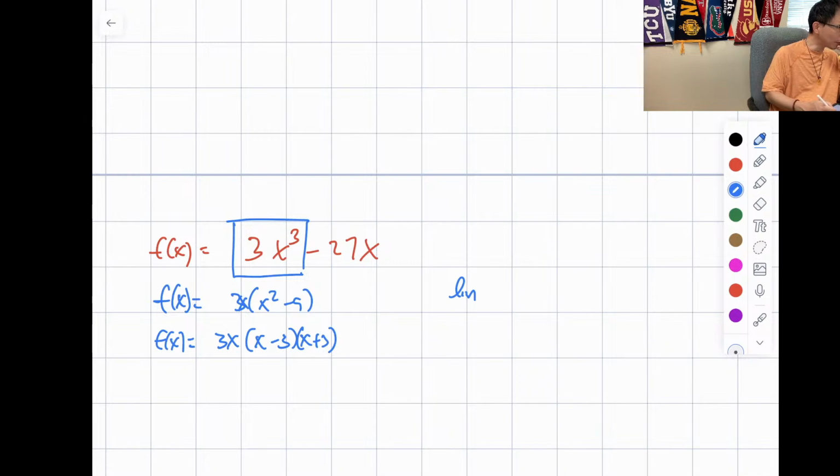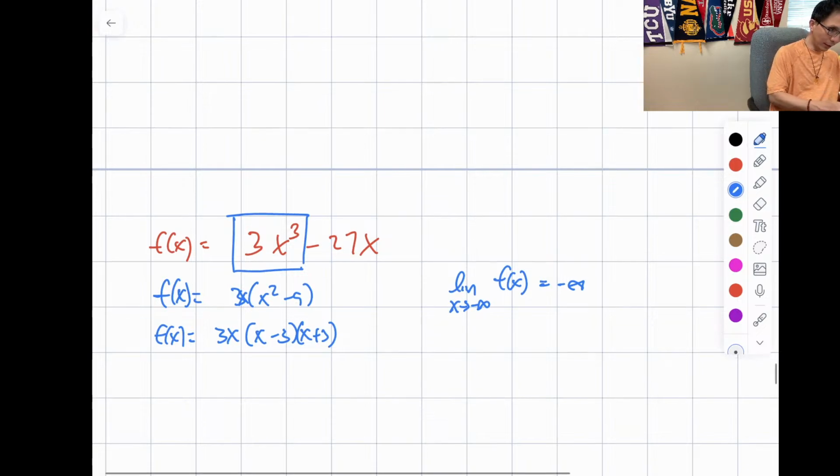Limit as x approaches what? x approaches negative infinity, that means the function is going to the left. And it's going to what? Negative infinity. Now we did this before. This is positive, this is odd.